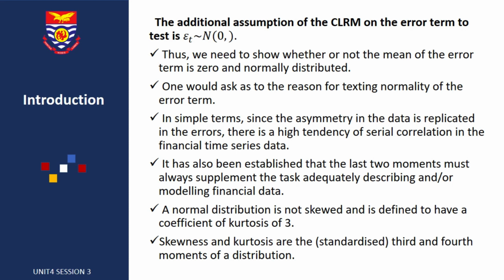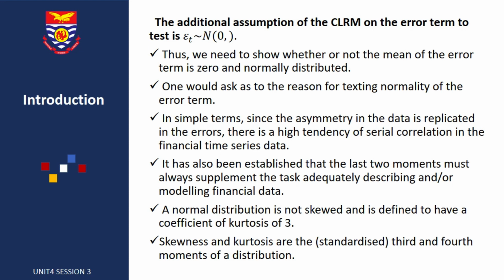So a normal distribution should not be skewed. That is, the mean should be found at the center, and the data should not be found at the extreme ends. And also we should have no fat tail. By no fat tail, we are simply saying that there should be a kurtosis of 3, that it should be mesokurtic.